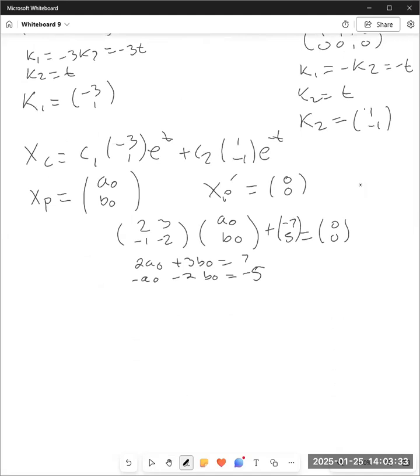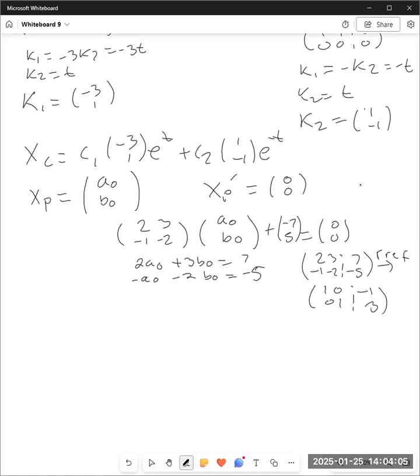Actually, let me just set up a matrix for this: [2, 3, 7; -1, -2, -5], and I want to RREF that, and I get [1, 0, -1; 0, 1, 3].